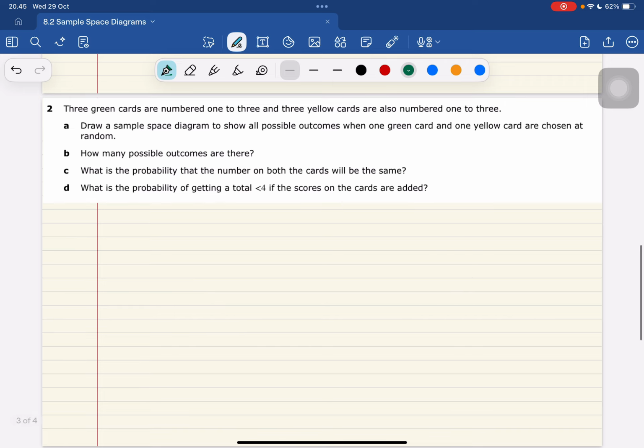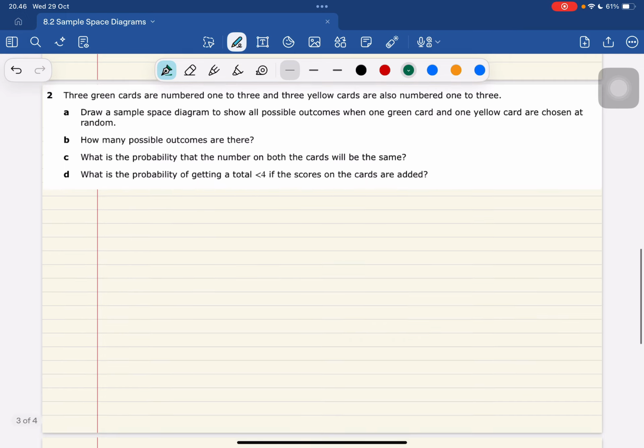Number 2. Green cards are numbered 1 to 3. Yellow cards are also numbered 1 to 3. Draw a sample space diagram to show all possible outcomes for one green card and one yellow card.